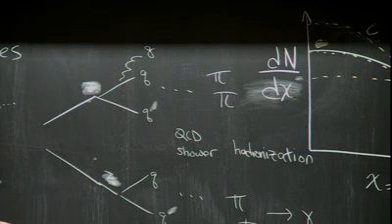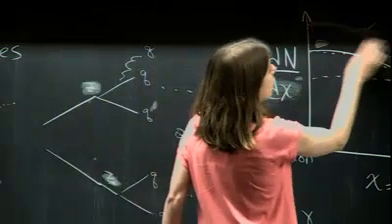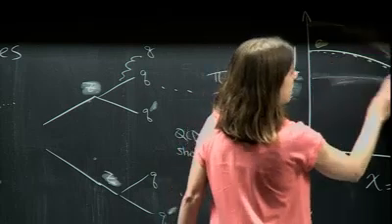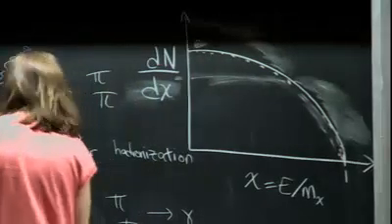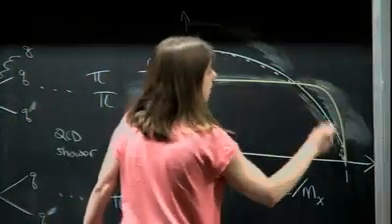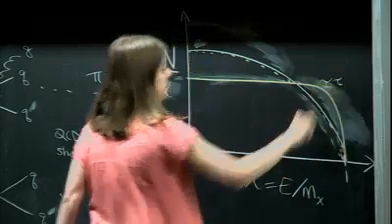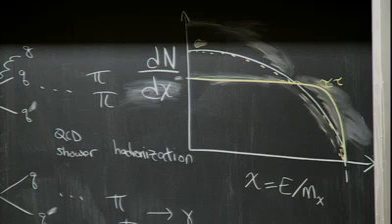Where things do change a lot is if you were to produce leptons instead of quarks. So if the dark matter annihilated to electrons, or let's say taus, then you'd end up getting a very different distribution. It would look more like this. So this would be, for example, what you'd expect if you annihilated to taus. Like something like what?